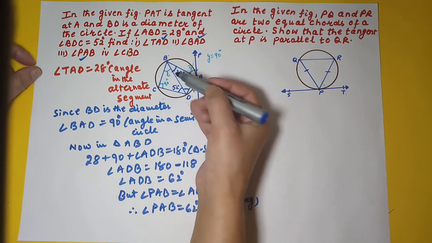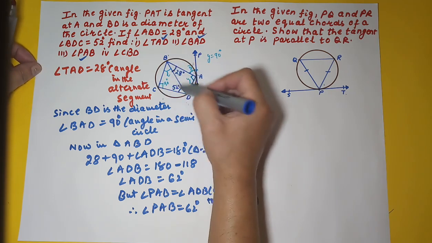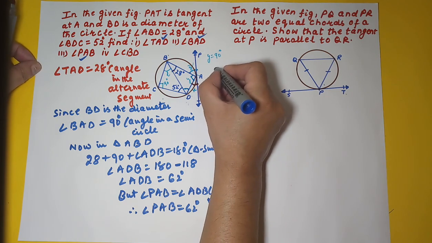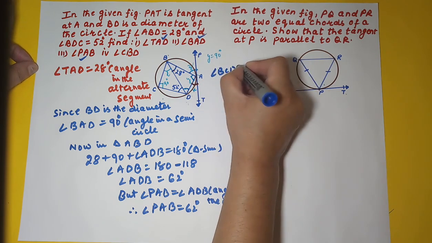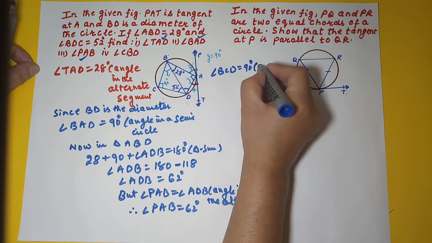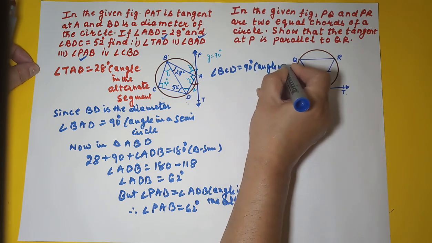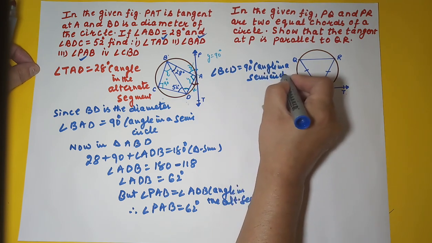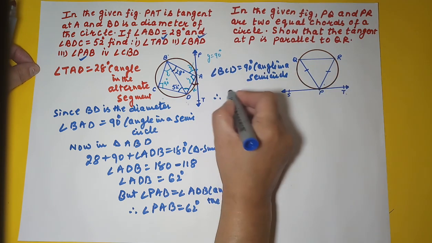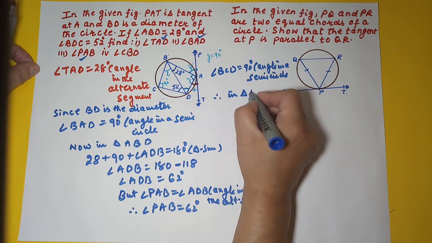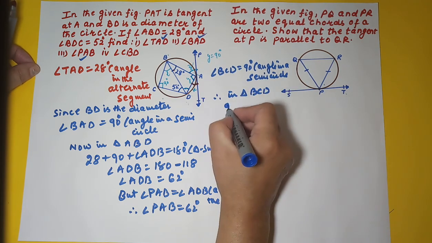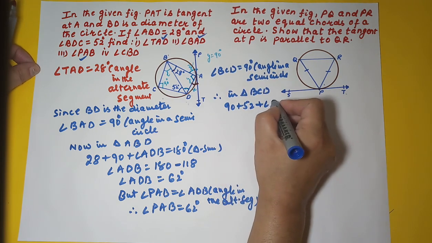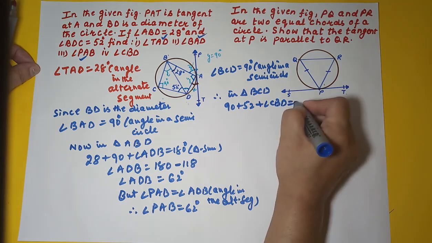Now comes angle CBD. CBD, that's our L. So what we will say is that angle BCD is equal to 90 degrees. Why? Because this is angle in a semicircle. Therefore, in triangle BCD, 90 plus 52 plus angle CBD is equal to 180.